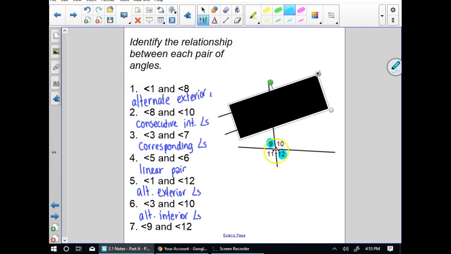These are ones that you learned about in prior math classes as well. So 9 and 12 are a special type of angle that we call vertical angles. You do not have to have a transversal to have vertical angles. Anytime you have two lines that cross, the angles that are opposite each other here are vertical angles. So 9 and 12 are vertical angles.